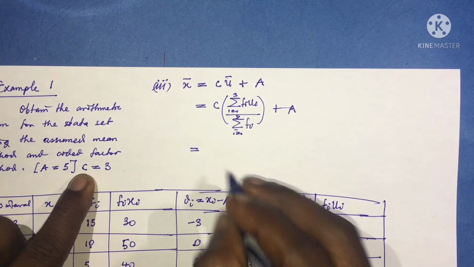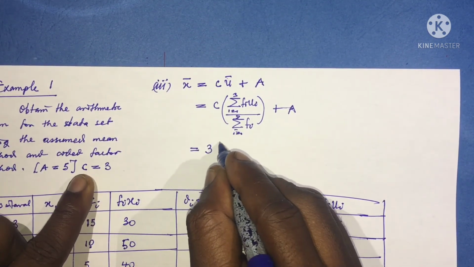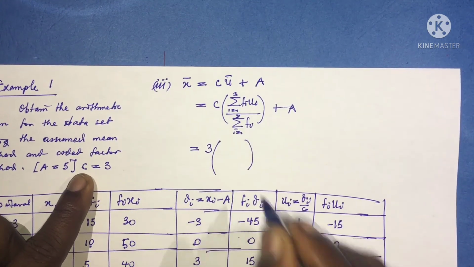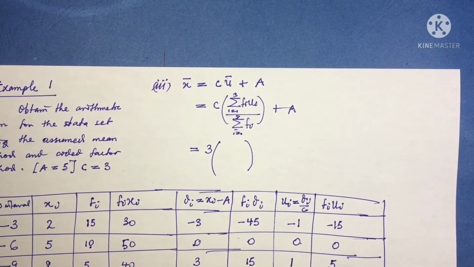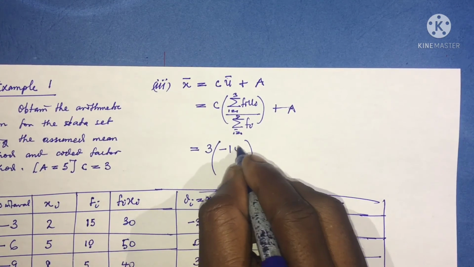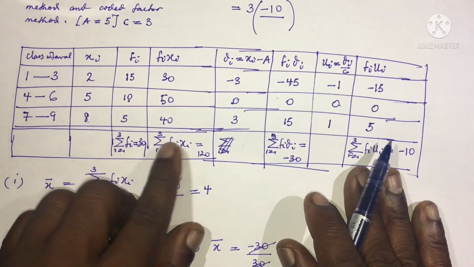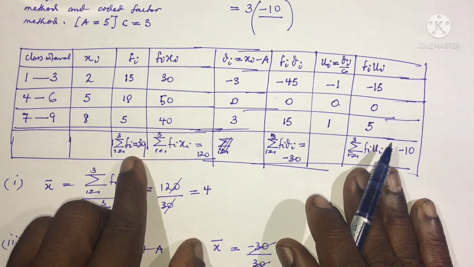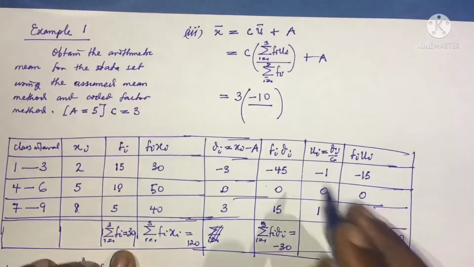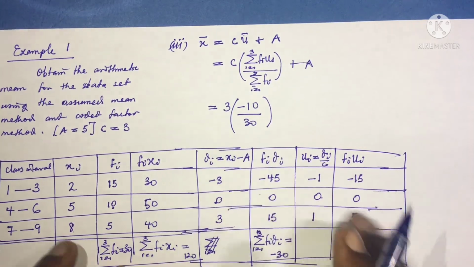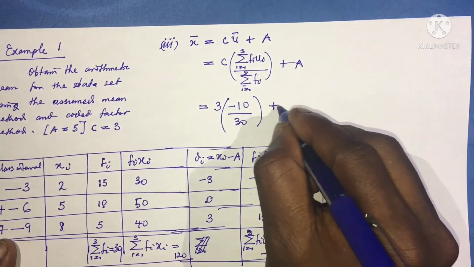Our c is 3. What is our summation fiui? It is minus 10, all over fi, which, if you remember, was obtained as 30, plus A.